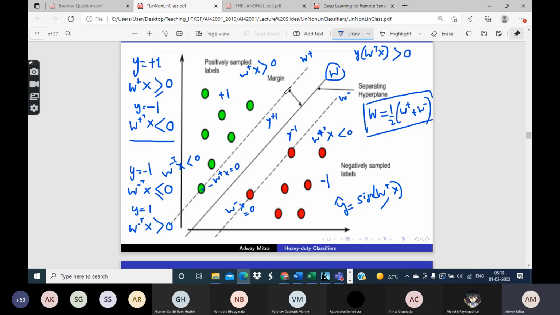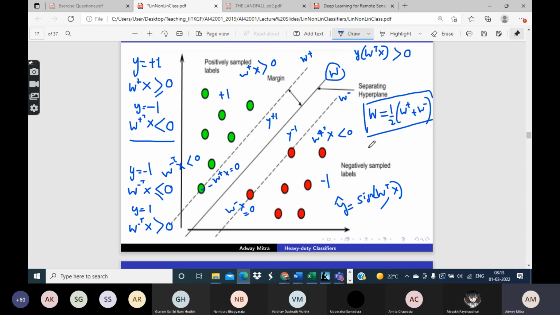That will ensure that the margin with respect to the plus points and the margin with respect to the minus points are equal, that is, gamma plus is equal to gamma minus. So we define W as half of W plus plus W minus. This is the way we define W.